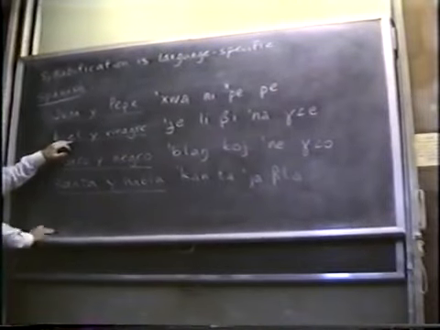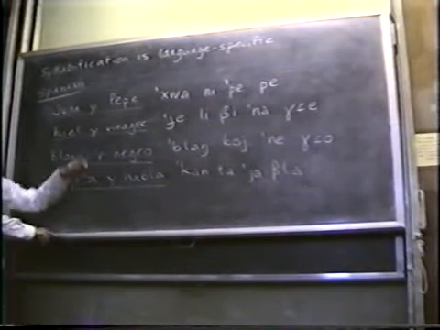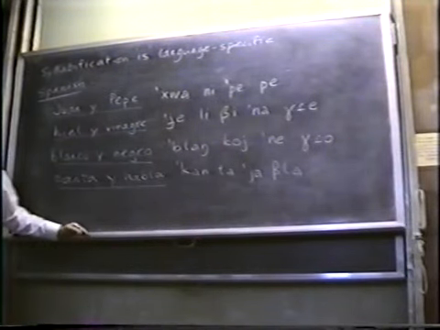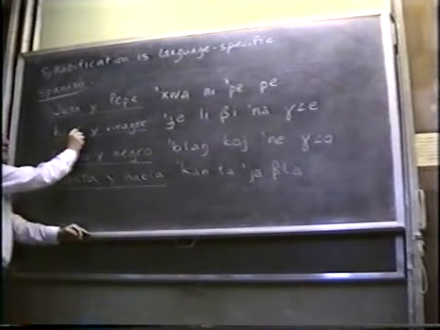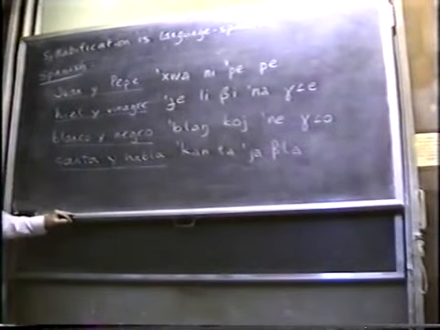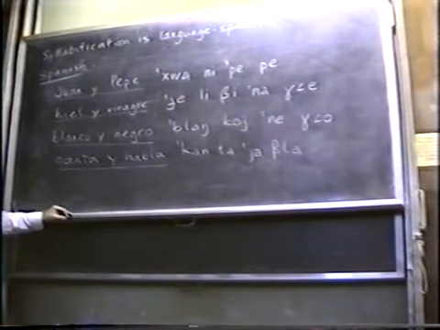Similarly with the next example, which is gel y vinagre. When these come together, they come out as gel y vinagre. And again, we get the L transferred to the vowel. Spanish vowels, when they come together, typically compress in a way rather similar to English compression.